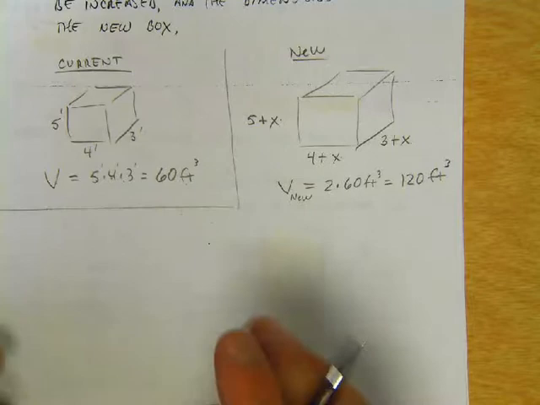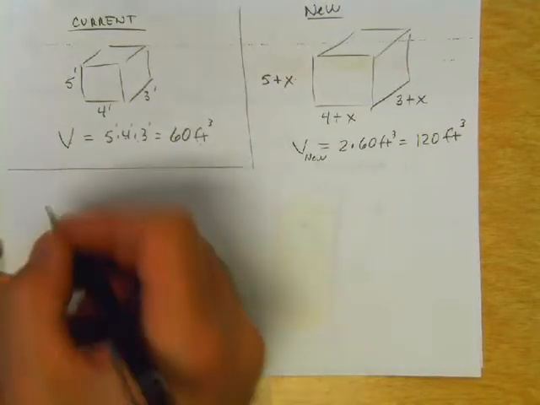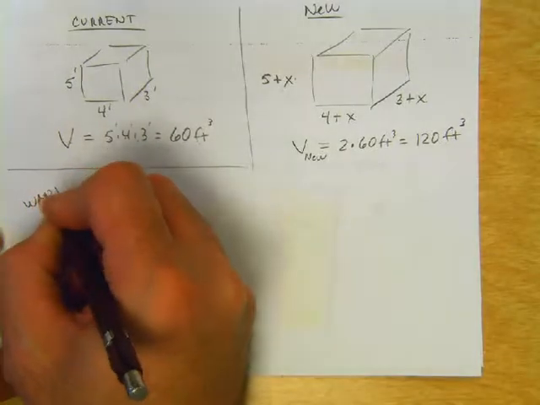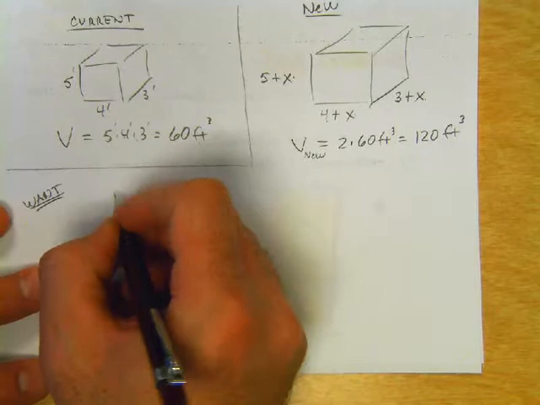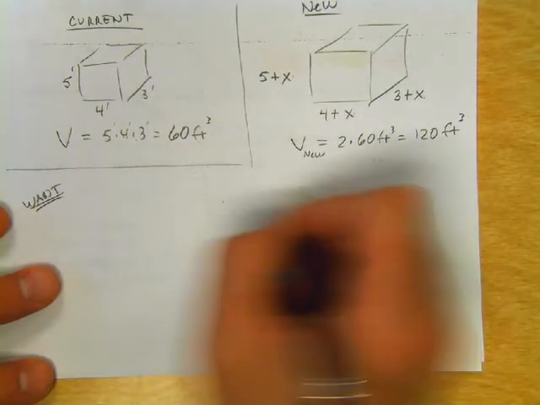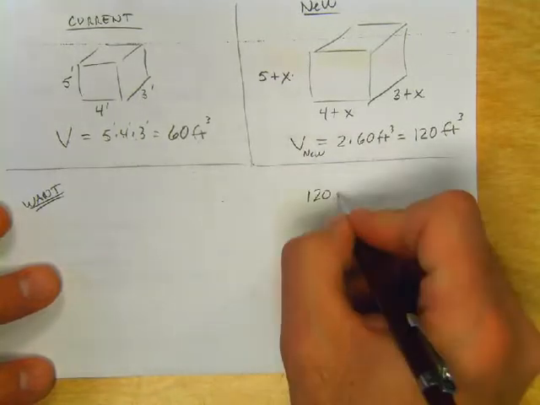Alright, well, let's solve the problem. We want the volume of the new box to be 120 feet cubed.